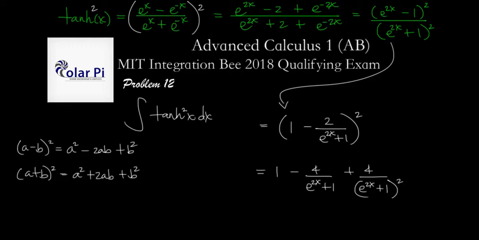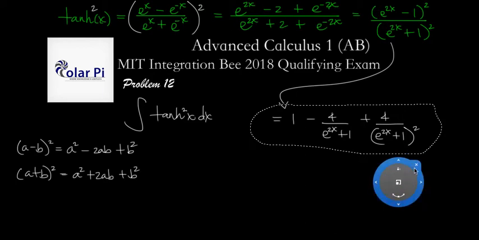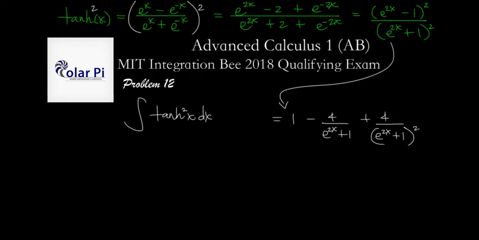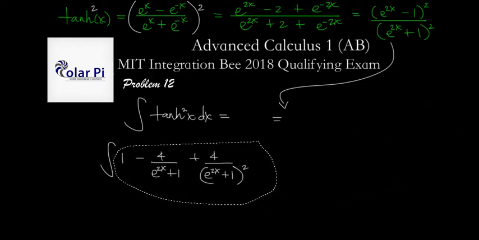There we are. And so we go that this integral here is the same thing as doing the integral of, well, since this here is just tangent squared, it's the same thing as doing the integral of this, right?